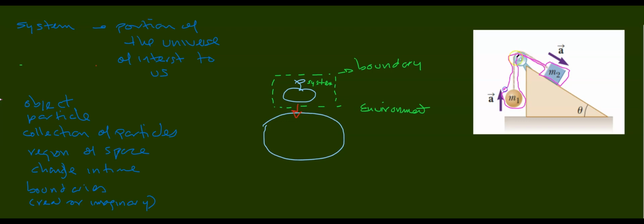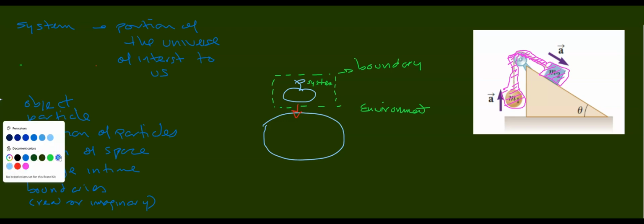That includes the rope. Okay, so I'm very bad at drawing. If I define everything inside the purple as my system, then everything that is not my system is the environment, and we can observe in which way the environment interacts with the system.